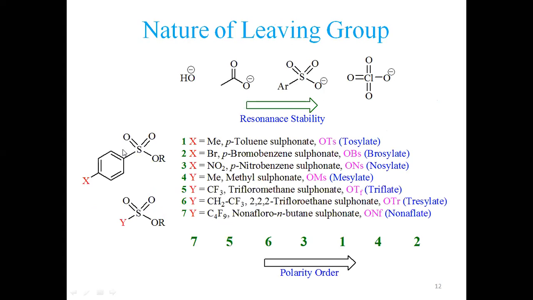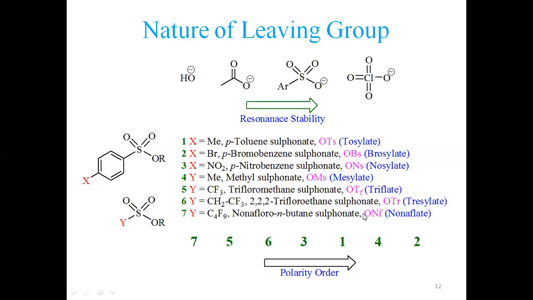So sulfonyl chlorides are converted into sulfonates. If this X is methyl, it shall be OTs. If this group is bromine, it is OBs. If this X is nitro, it shall be ONs. And if this sulfonic acid is methane, so Y is methyl, this is OMs. If this Y is trifluoromethane, it shall be OTf.